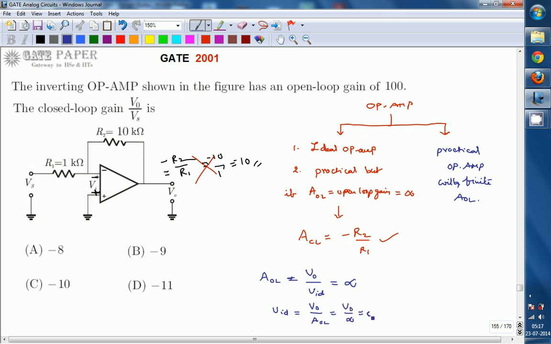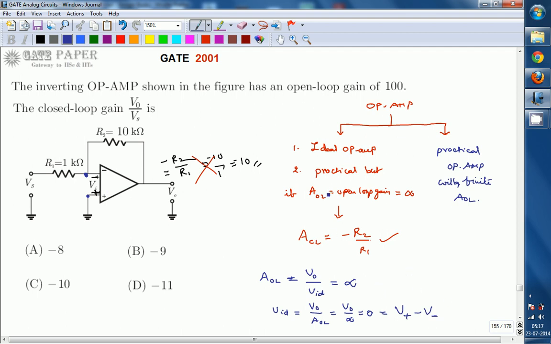Something divided by infinite is 0. So the input difference voltage is 0. Input difference voltage is the voltage at the non-inverting terminal minus the voltage at the inverting terminal, which will be 0. So that implies V plus is equal to V minus.